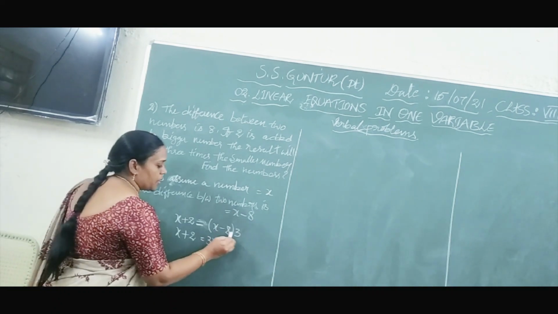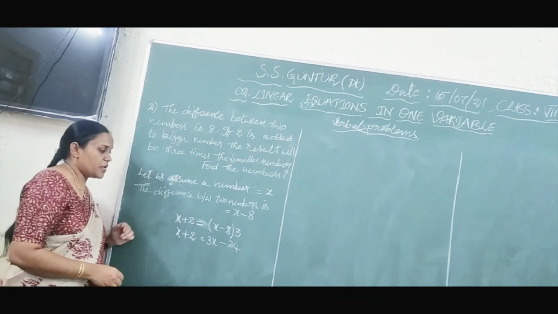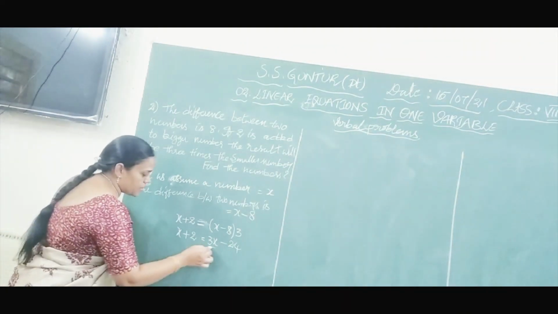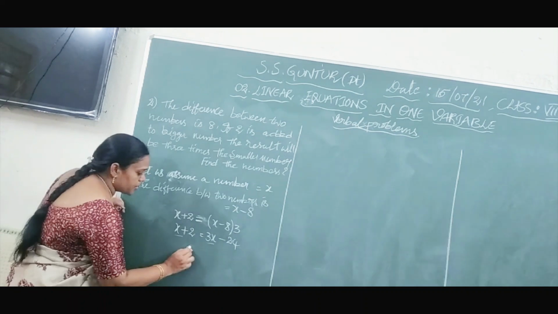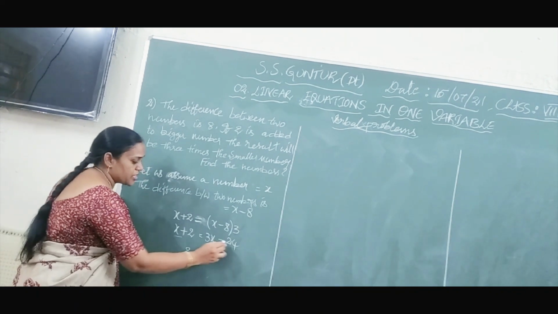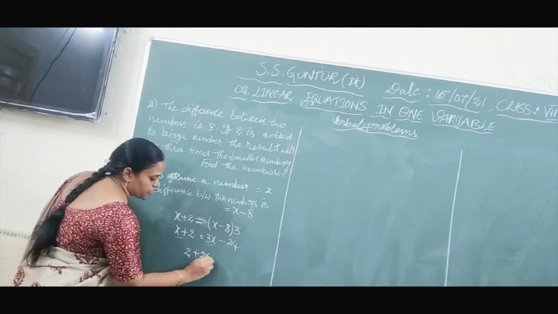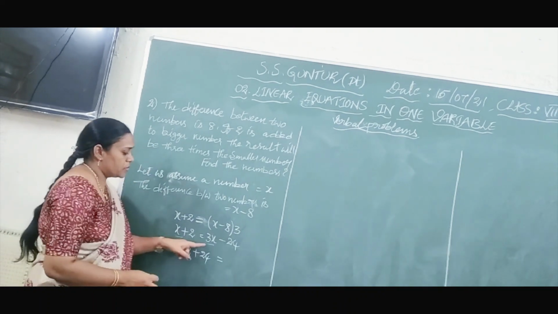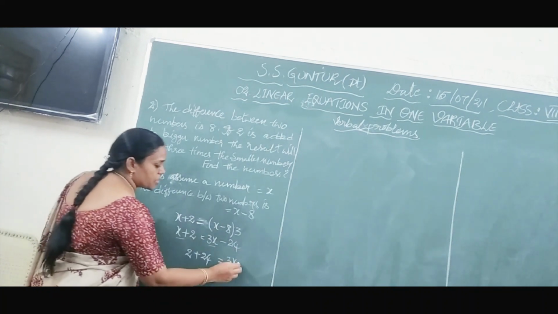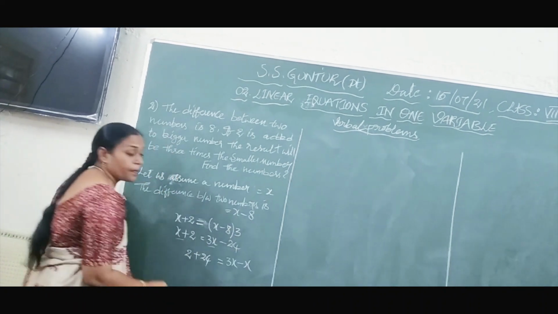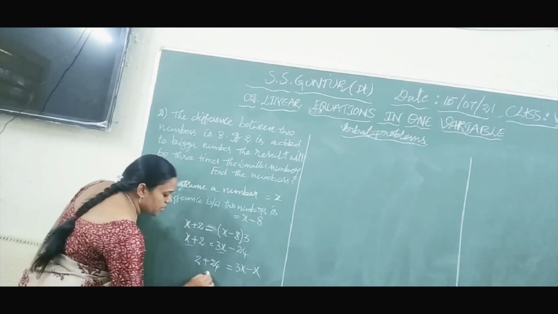8 3s are 24. Now taking x terms one side and constants another side, what we get? 2 minus 24 transposed to this side plus 24 equal to 3x, and plus x transposed to this side minus x. 2 plus 24 is 26. That equals 3x minus x.